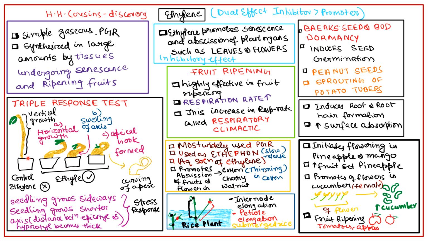In some conditions, the seedling encounters stones or some hindrances. In that case, the hormone ethylene is released and it causes the seedling to grow sideways or horizontally, swells its axis and leads to the formation of the apical hook. So these responses are a kind of stress response.